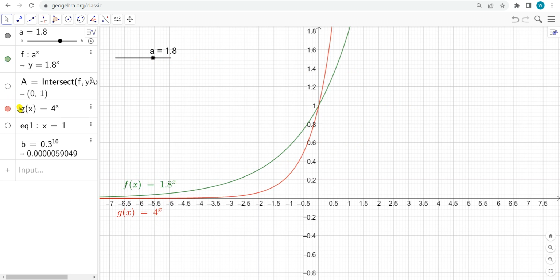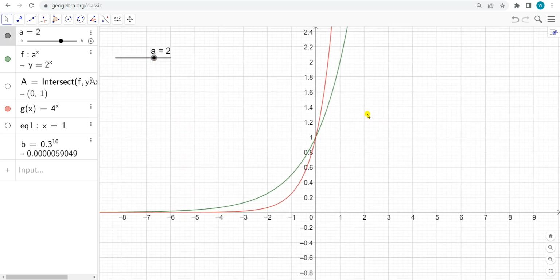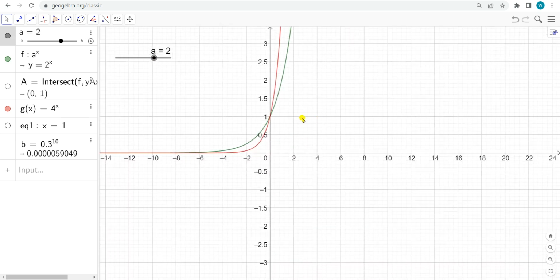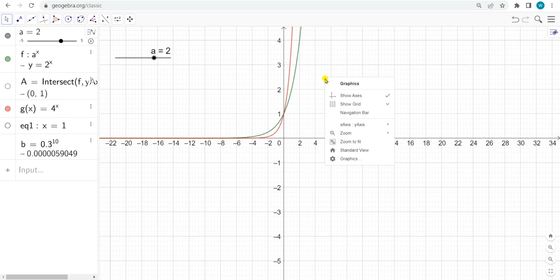But in the exam, they would not give you the name. They just omit the label. They just give you this. Then the question wants you to find out the base. But the problem is how to do this.